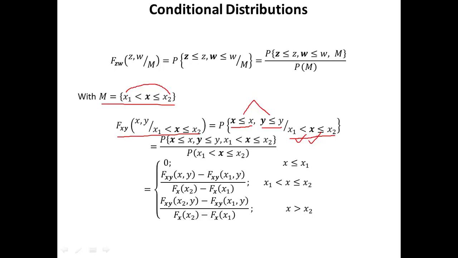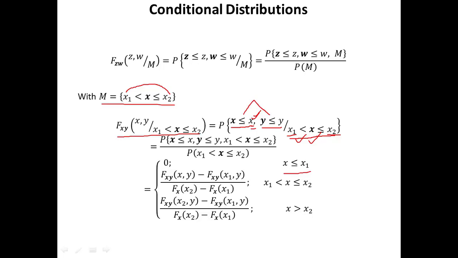Now if we further elaborate this, we can say that the values of x, x1, x2, all the three values lie along the x-axis. So we get three possibilities. The first possibility is the value of x is less than x1, that is, the value of x is falling outside of this interval.